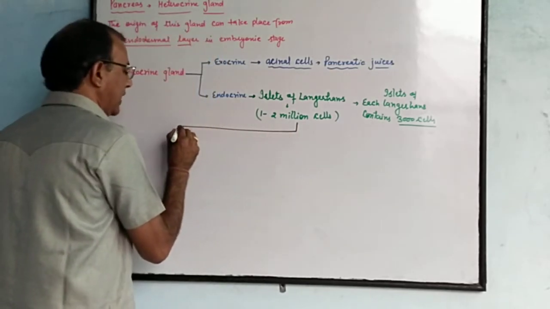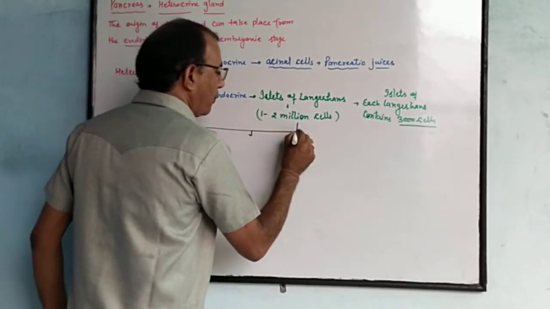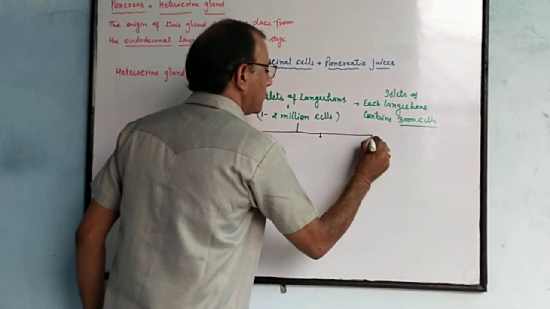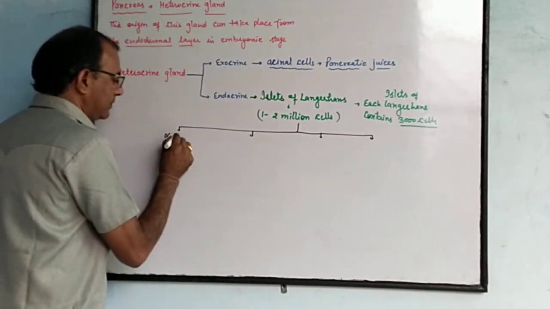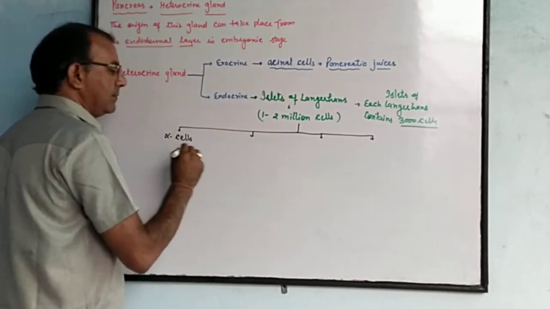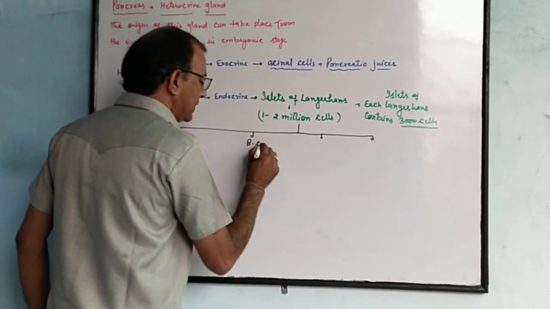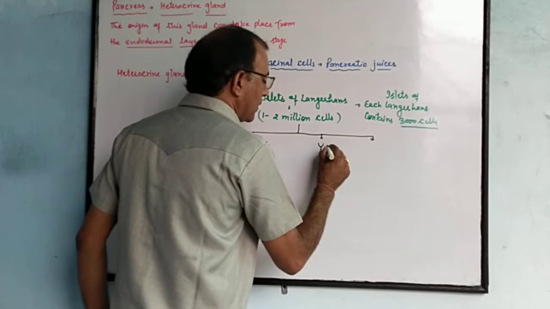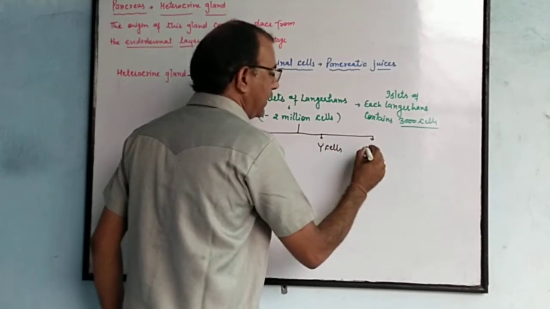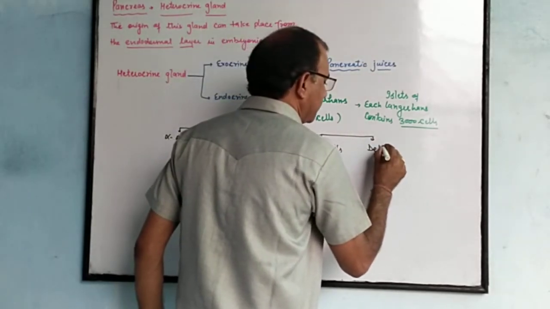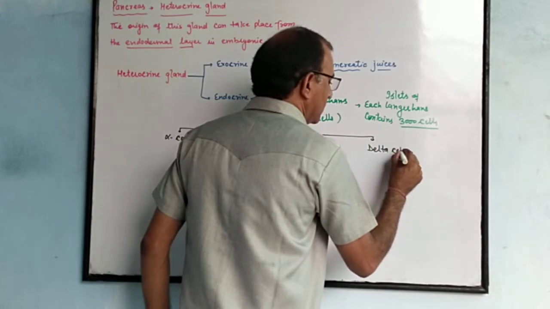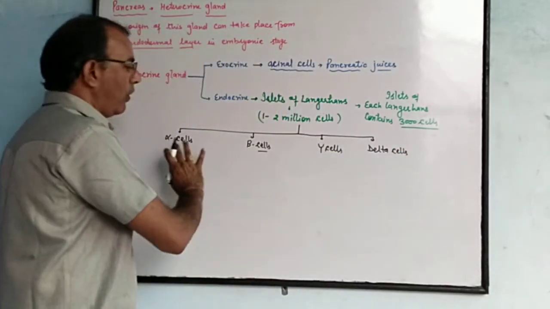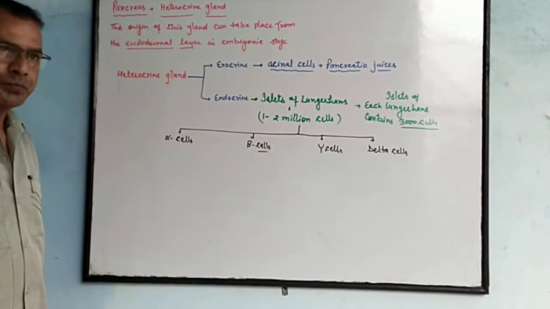The four types of cells are alpha cells, beta cells, gamma cells and delta cells. The secretion and function of all these cells are different.